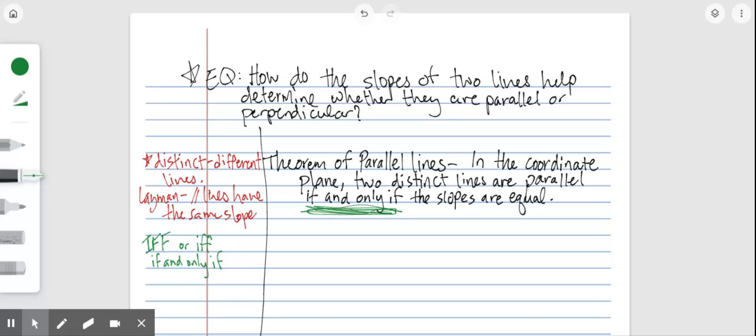And I don't know why mathematicians decided to abbreviate it like that with two F's, but it means if and only if, okay? And if and only if is bidirectional, so that means if you have two distinct lines and they're parallel, then their slopes are equal. And also, if you have two distinct lines with equal slopes, then they're parallel. So you can go forward or backward with this rule. So slopes need to be the same.